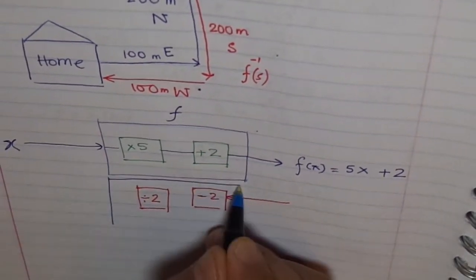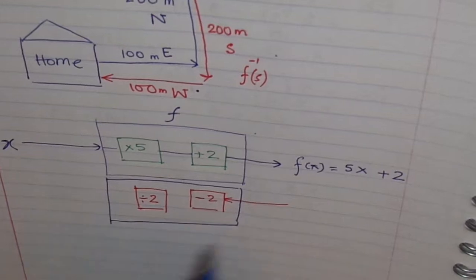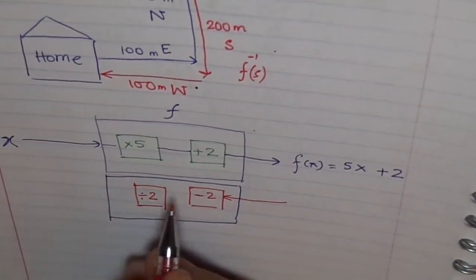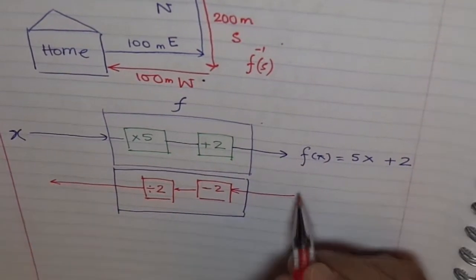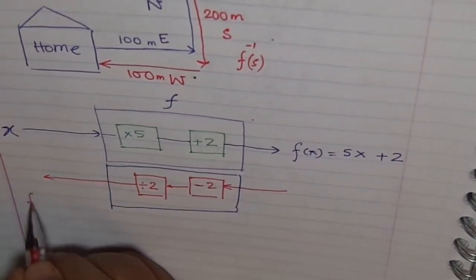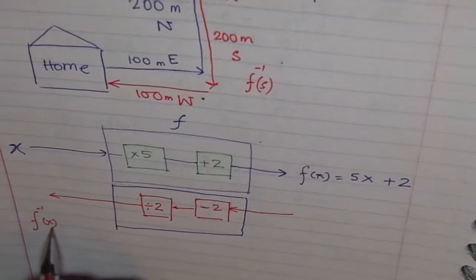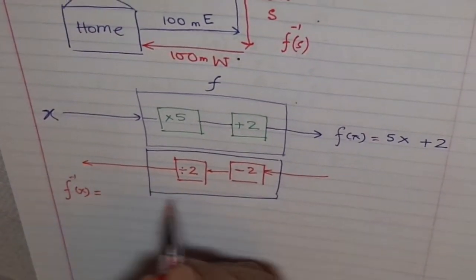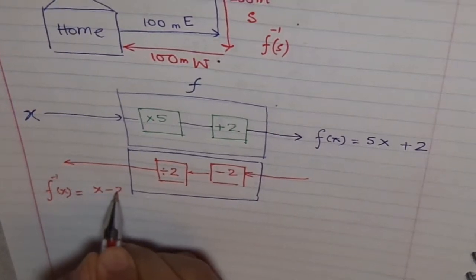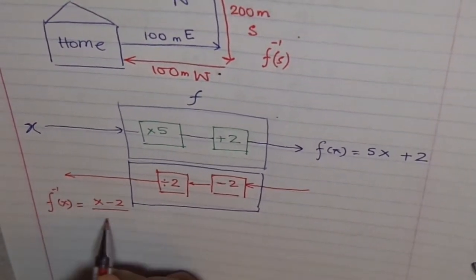So that's our inverse function, which we have got by reversing the operation. So we'll say f inverse of x is equal to x minus 2, then divided by 5.